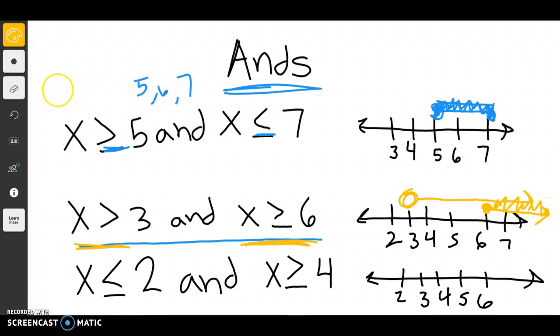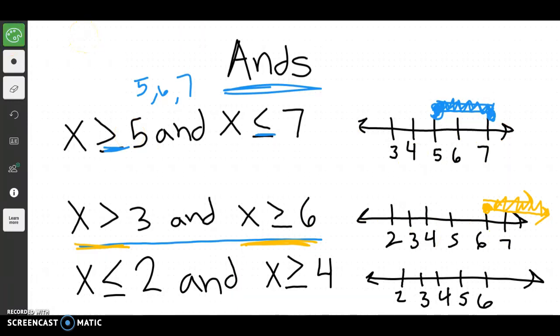So the parts that I don't get is when it doesn't overlap. So this part down here. Again, they both have to be true. And if you think about this, this would make sense. Like if you want numbers that are greater than 3 and greater than 6, well, you just get to pick numbers that are greater than 6. Because if it's just greater than 3, like 5 is not also greater than 6. So again, we worry about the overlap.